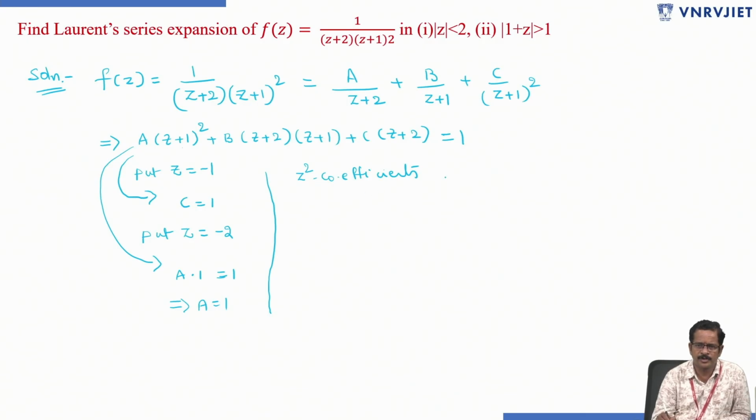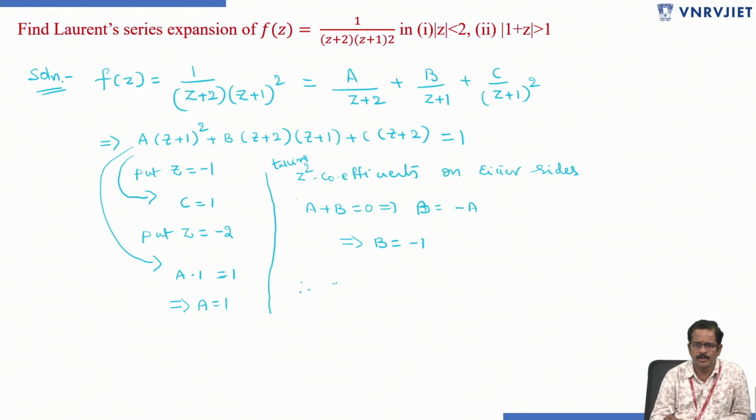Taking z square coefficients on either side, that is A plus B is equal to 0. From this B equals minus A, which means minus 1.